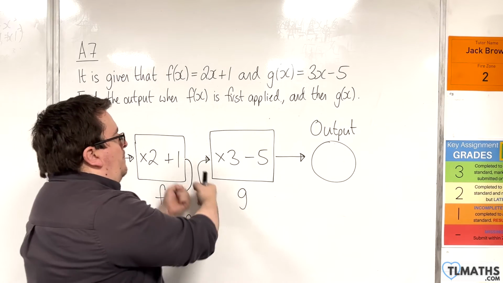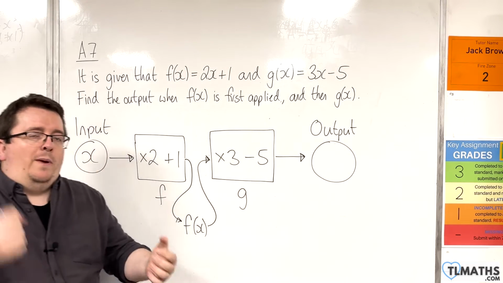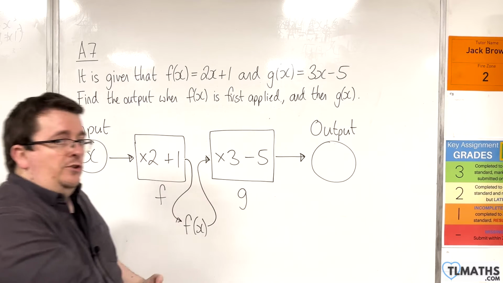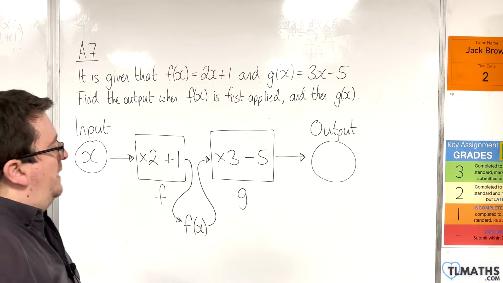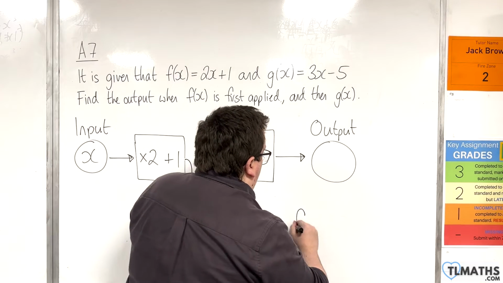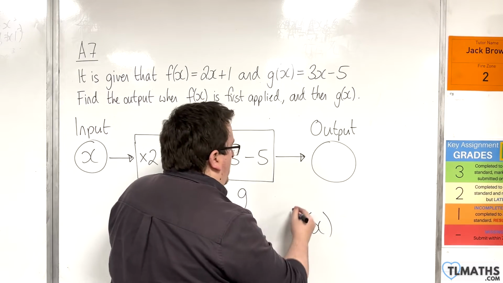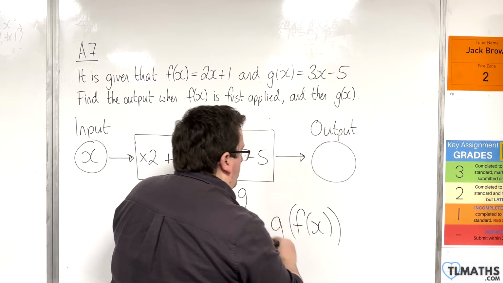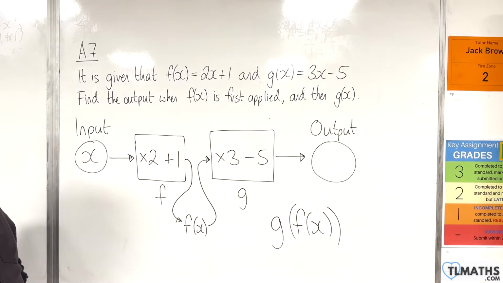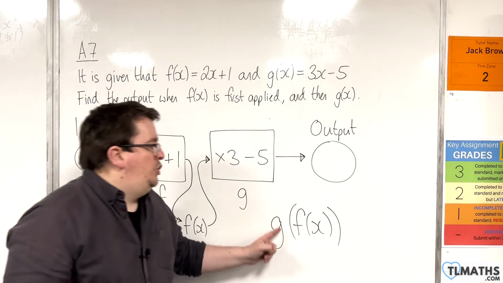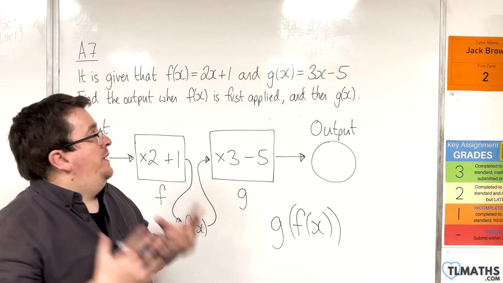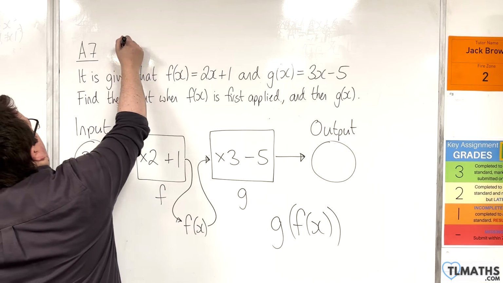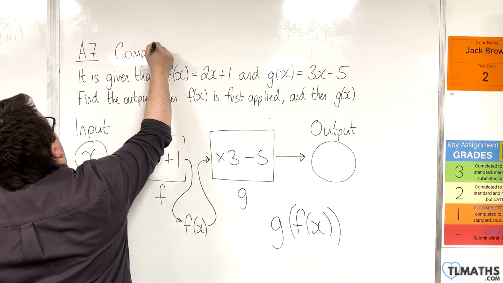And now I'm going to plug it back in to g. So f of x is going to go into function g, and I'm going to get g of f of x. And this is what is referred to as a composite function.